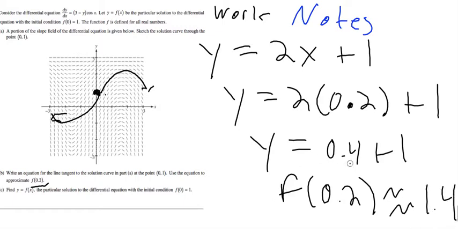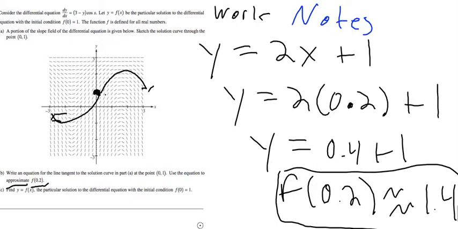If you wrote y equals 1.4, I'm sure you'll get credit for it. But this is a nice way of having the style of our answer fit the style of the question, both in terms of using the function notation, but also using the approximate symbol for the word approximate. But like I said, if you wrote y equals 1.4, that would be fine.